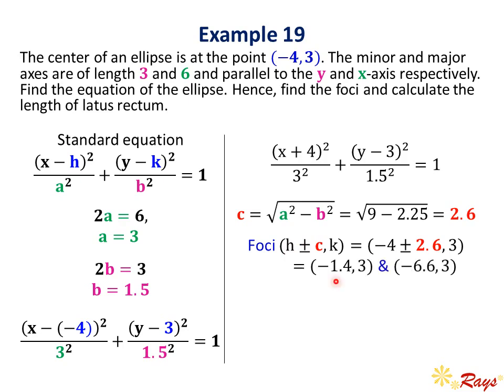So therefore, the foci are negative 4 plus minus 2.6 in the x-coordinate, which is negative 1.4 and negative 6.6. For the latus rectum, the formula is 2b squared over a, and the length is 1.5.